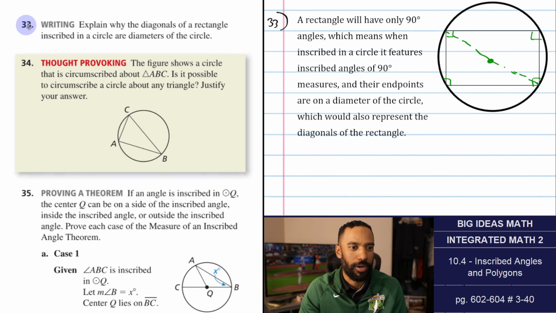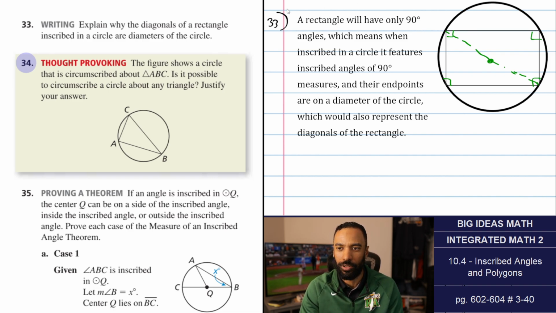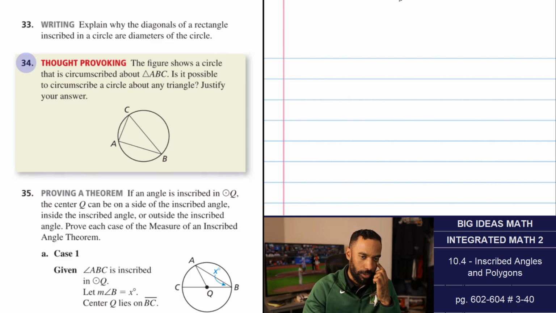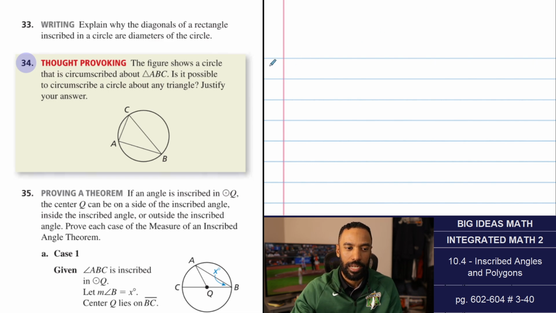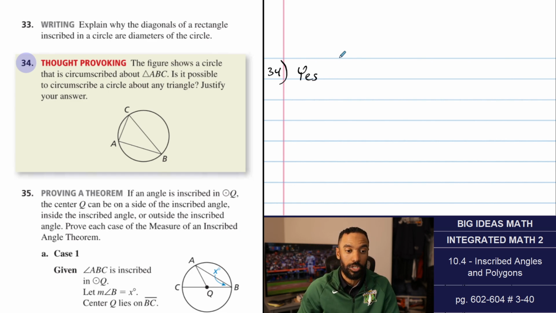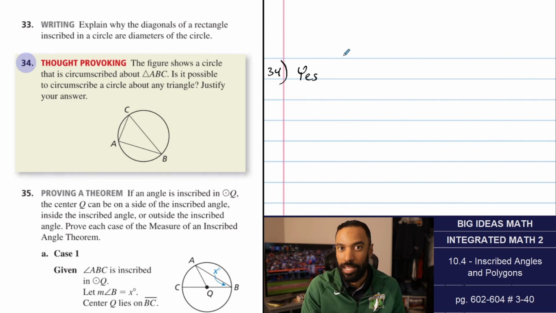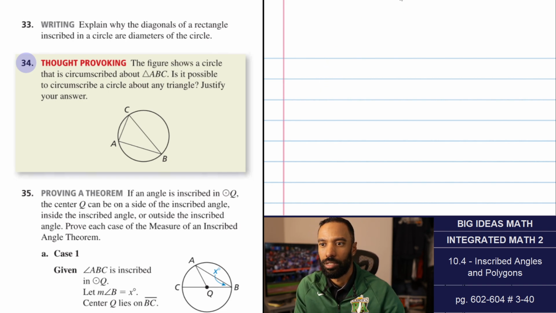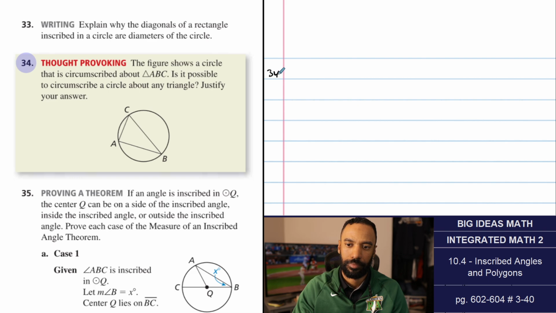All right, number 34, thought-provoking. The figure shows a circle that is circumscribed about triangle ABC. Is it possible to circumscribe a circle about any triangle? Justify your answer. Yes. Now, I don't know the justification that I want to state. I'm sure there are ones that have a lot more to do with what we're doing, but any 3 points, let me type it. 34.